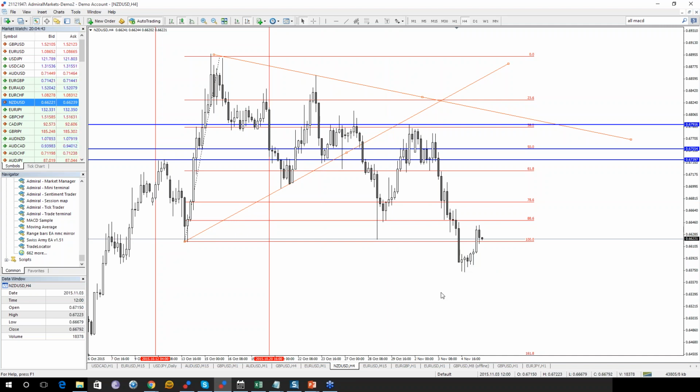If you remember the New Zealand dollar, check it on Admiral Markets, I was implying that the price should go down. It went 50 pips against us and then it went down. This is a textbook example of how you can trade and how you can spot a reversal.